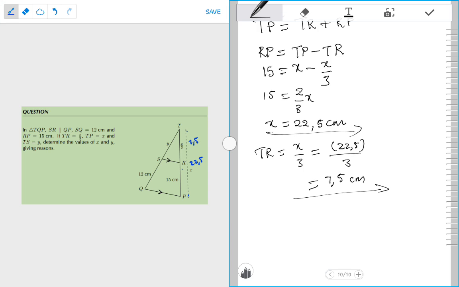And then now we have to go for y. We already know that this is 15.